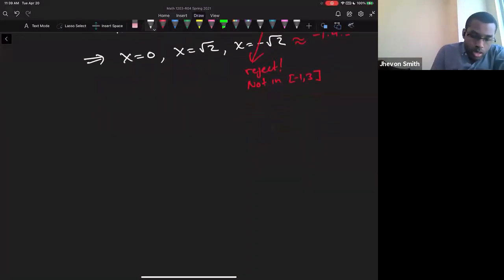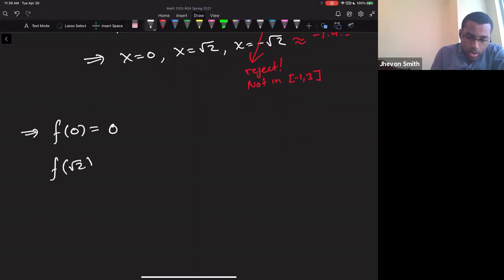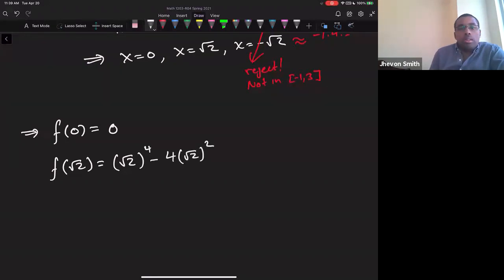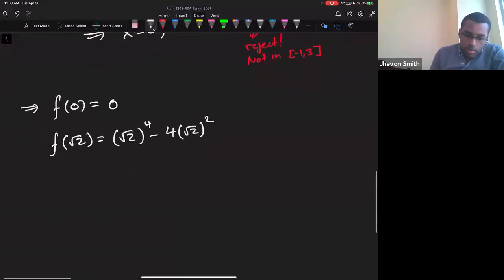So we want to test f at 0, which is going to be 0. We also want to test f at root 2. Now, f is x to the 4th minus 4 times x squared. Raising to the 4th power means squaring and then squaring again.